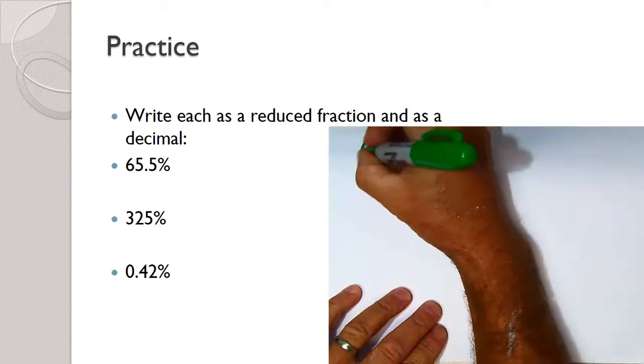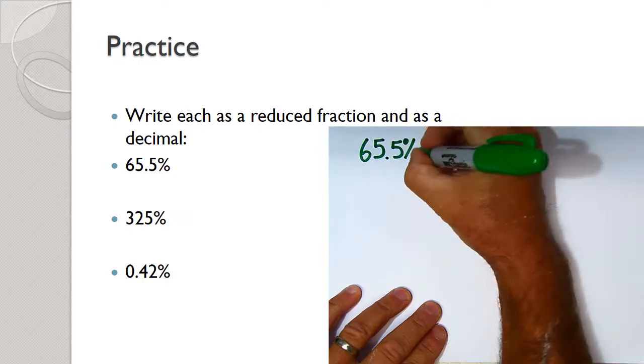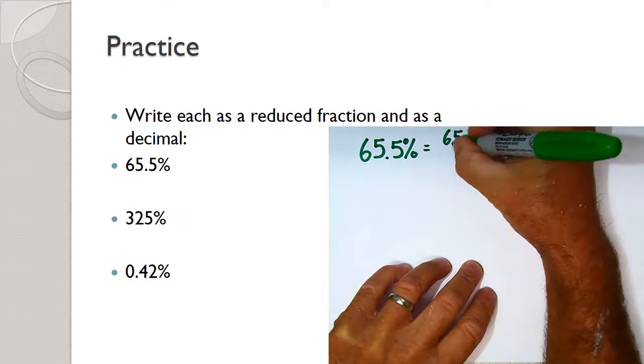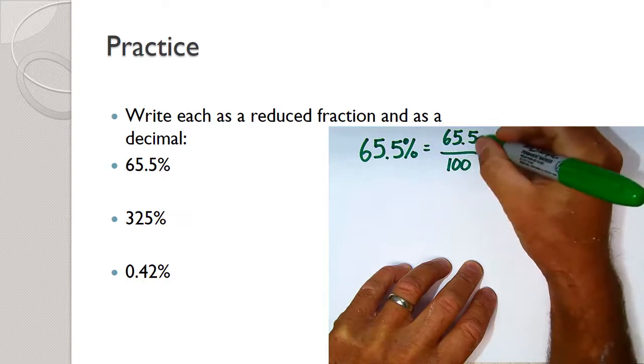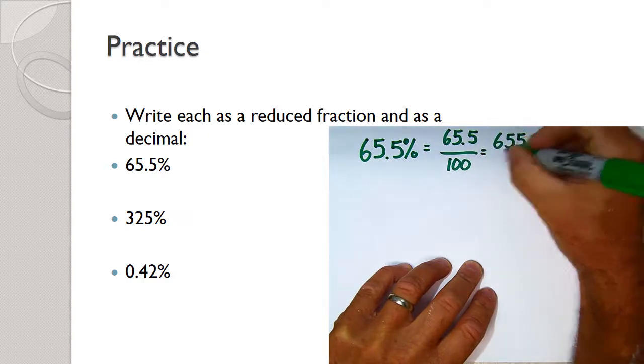Okay, let's start with 65.5%. Let's do the fraction first. That's the same as 65.5 per 100, which we can move the decimal to the right to say is 655 per 1,000.